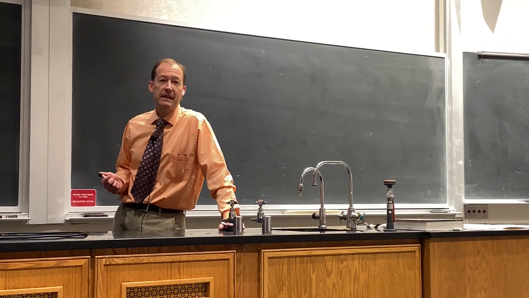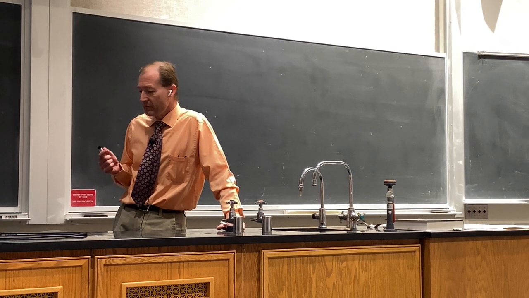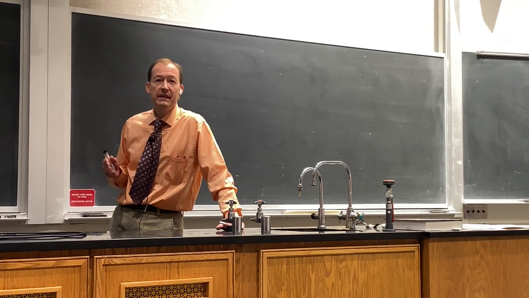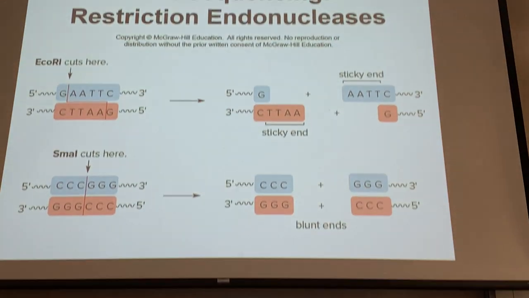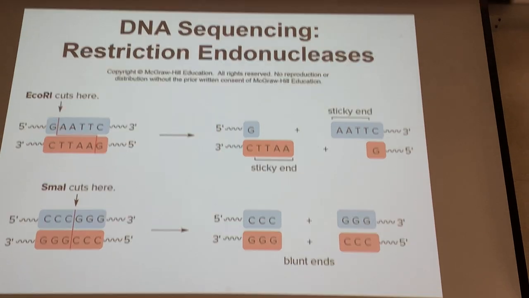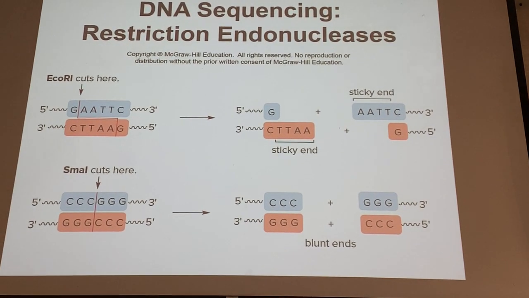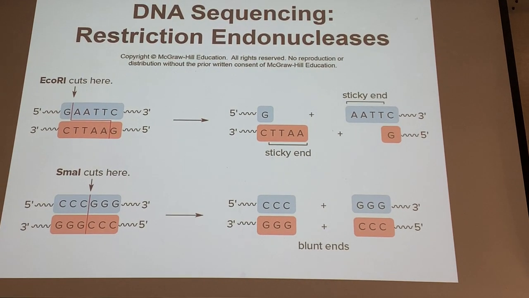So the enzymes that perform the cutting of the DNA are known as restriction endonucleases. And there are different restriction endonucleases that are specific for cutting the DNA in certain locations.